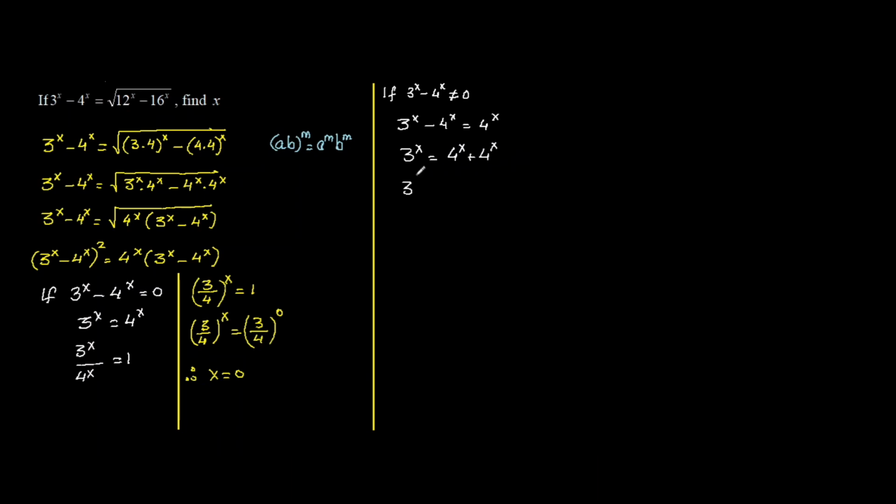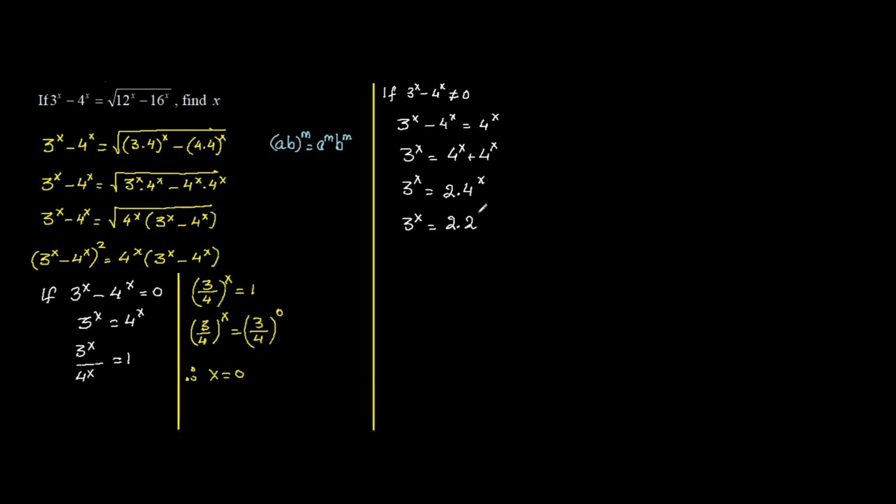This is 3^x is equal to, now with the same base and the same exponent, when we add them, it is like adding a dollar plus a dollar or a rupee plus a rupee. So it becomes 2 times 4^x. Now because we have a 2 over here, we convert 4 into powers of 2.